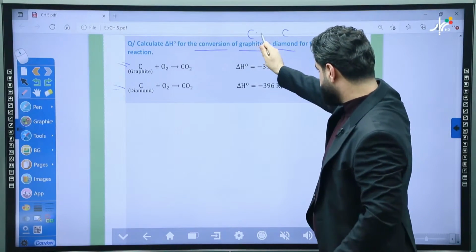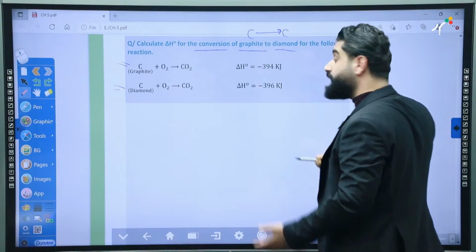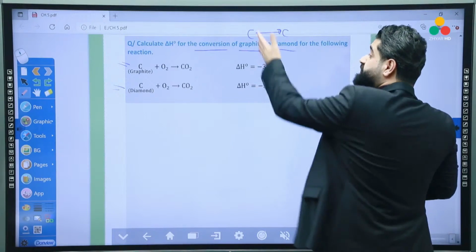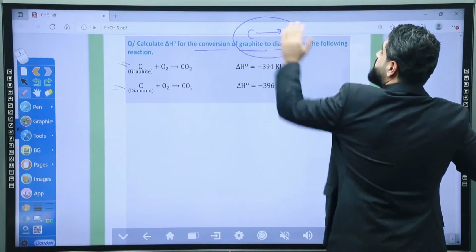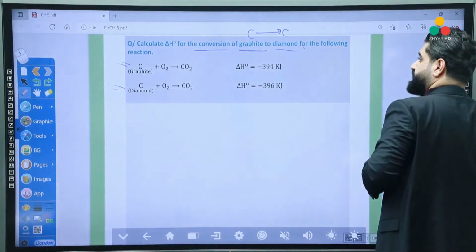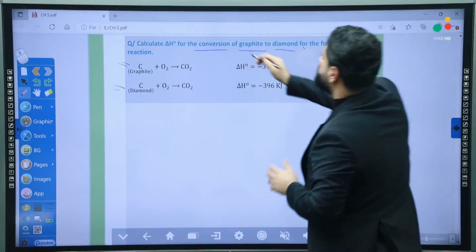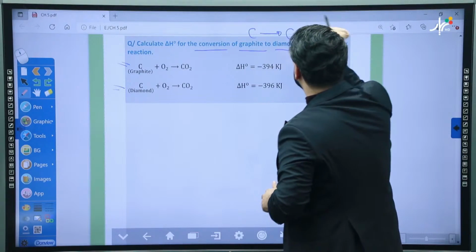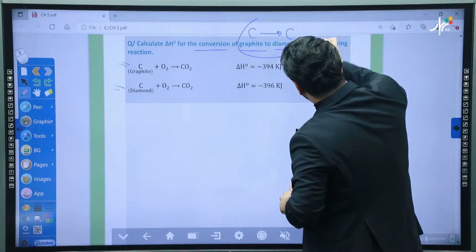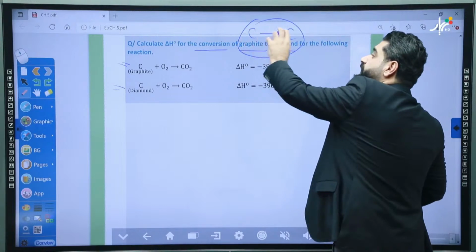So the conversion of graphite to diamond is very easy. This is the general equation. Both are carbon.